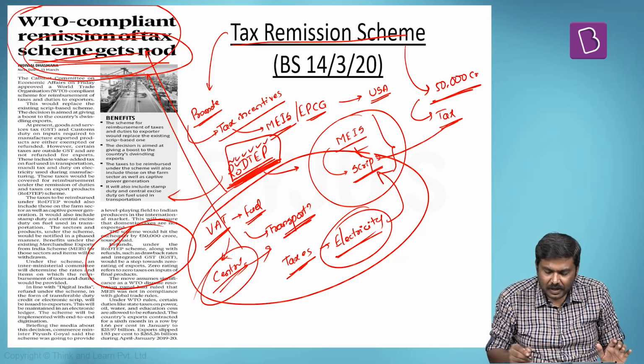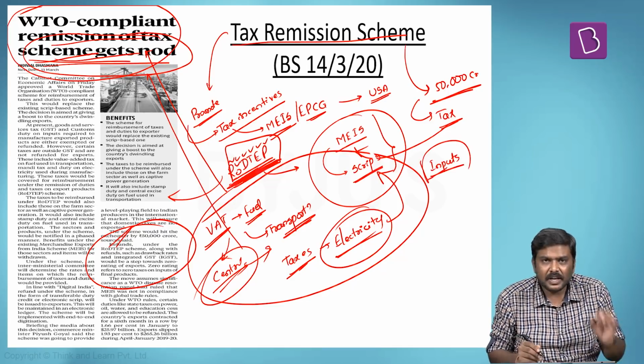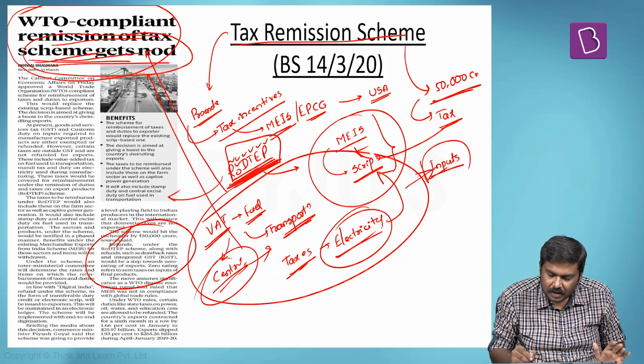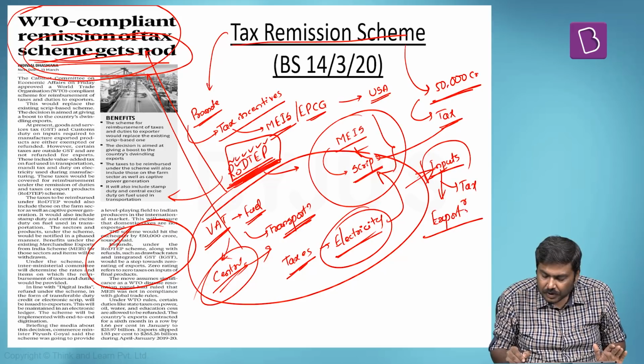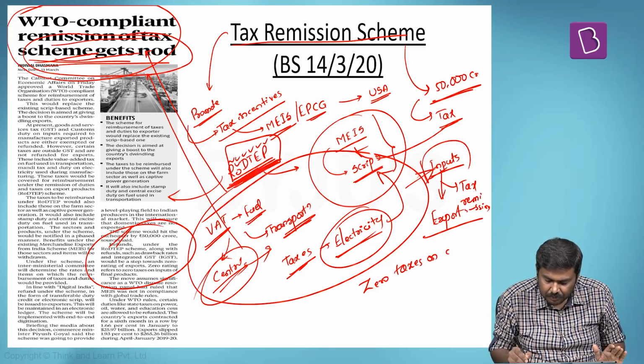And much more importantly, since all the inputs, or the majority of the inputs covered in terms of exports, are now given tax remission, India is going to move towards zero taxes on inputs, or the technical term that is usually used is zero rating.